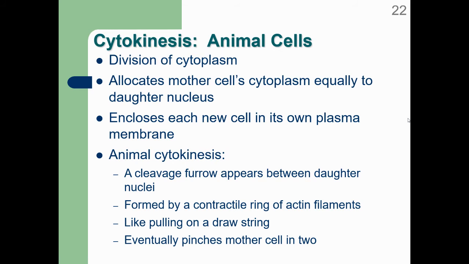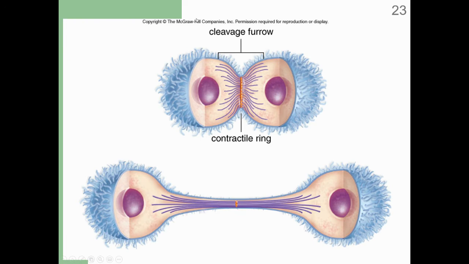And I get a contractile ring of actin filaments, that cytoskeleton component of actin. It's like pulling a drawstring, and it's going to eventually pinch those 2 daughter cells apart. And at the same time, those actin fibers start to elongate and spread out the cell to help that happen.